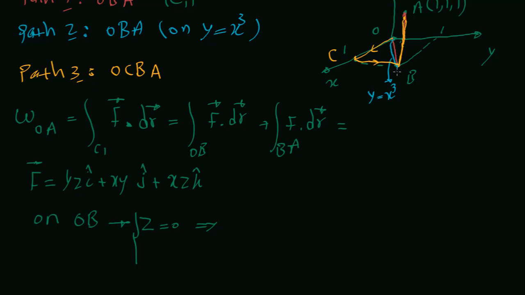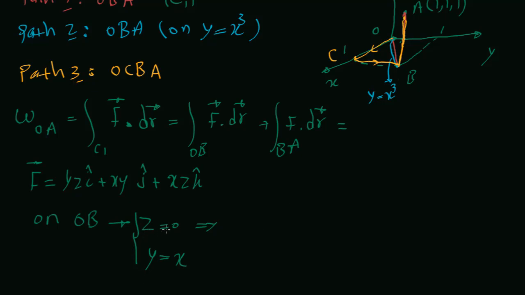Because we are going on a line from point O to B, and this point's coordinate is just 1 and 1 in the xy plane, this is the way that path OB is characterized. The z coordinate is equal to 0 and y is equal to x on that line.